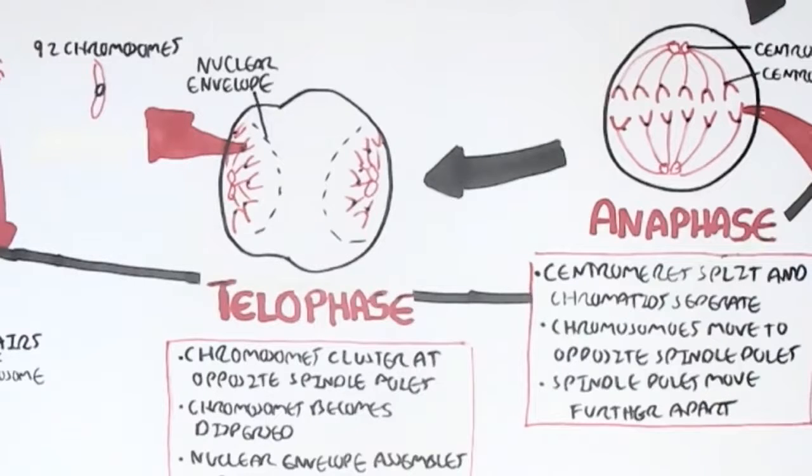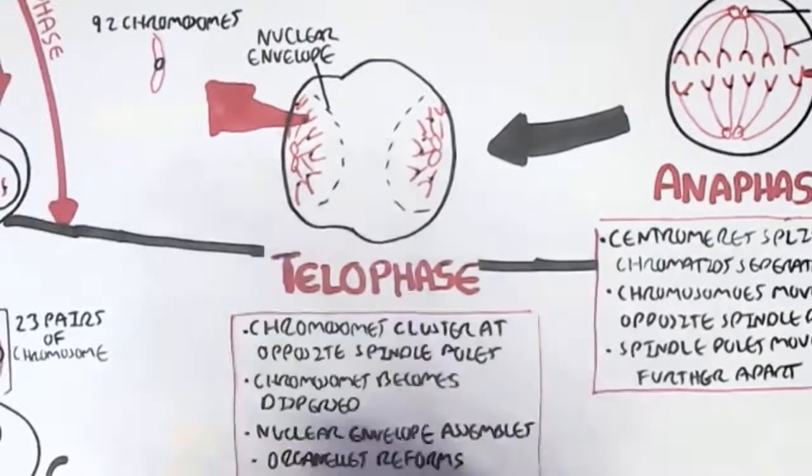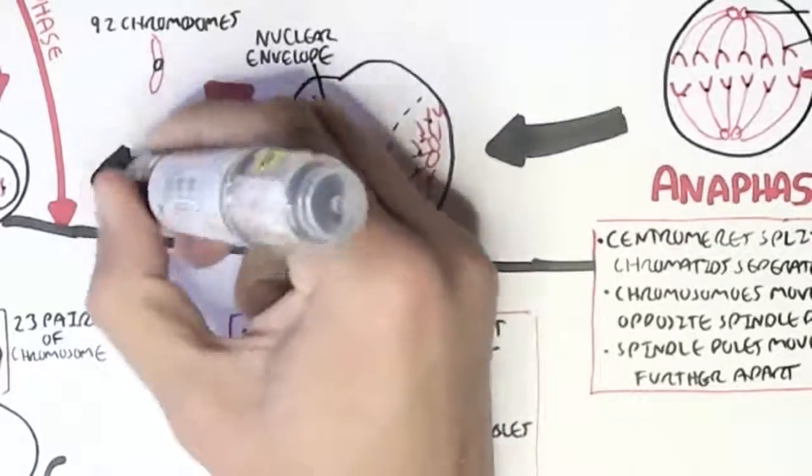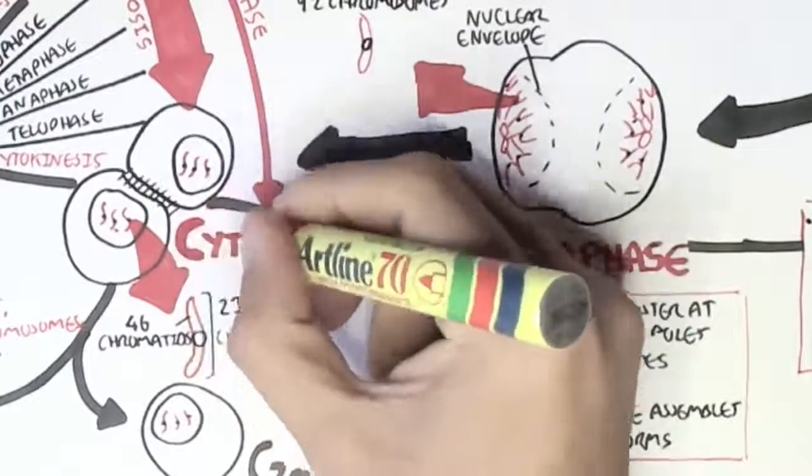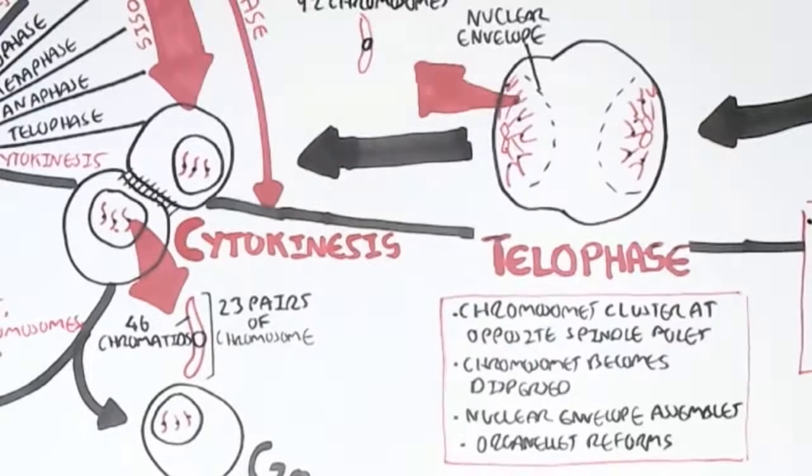This cell will then enter the last phase of M phase, not mitosis, but the last phase of M phase, known as cytokinesis. Now, cytokinesis is not part of mitosis, but it is part of M phase. It is essentially the separation of the cell into 2 daughter cells.